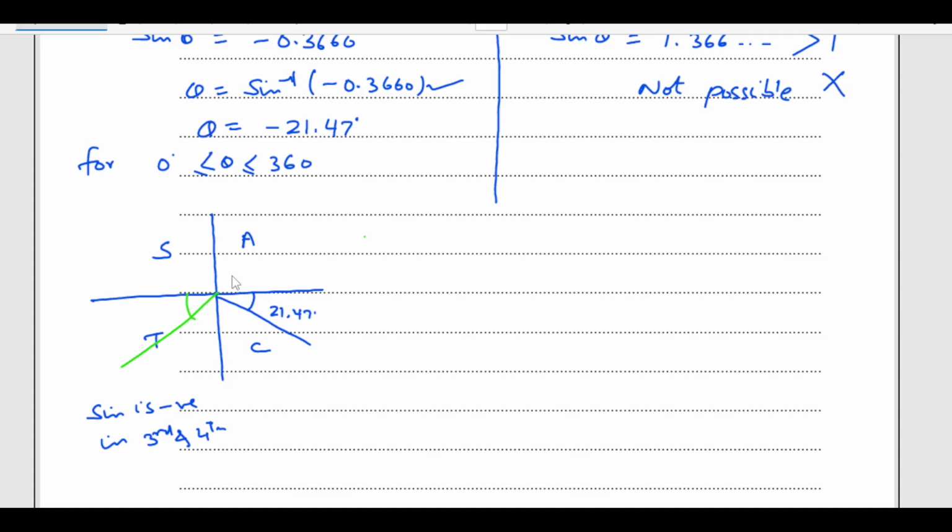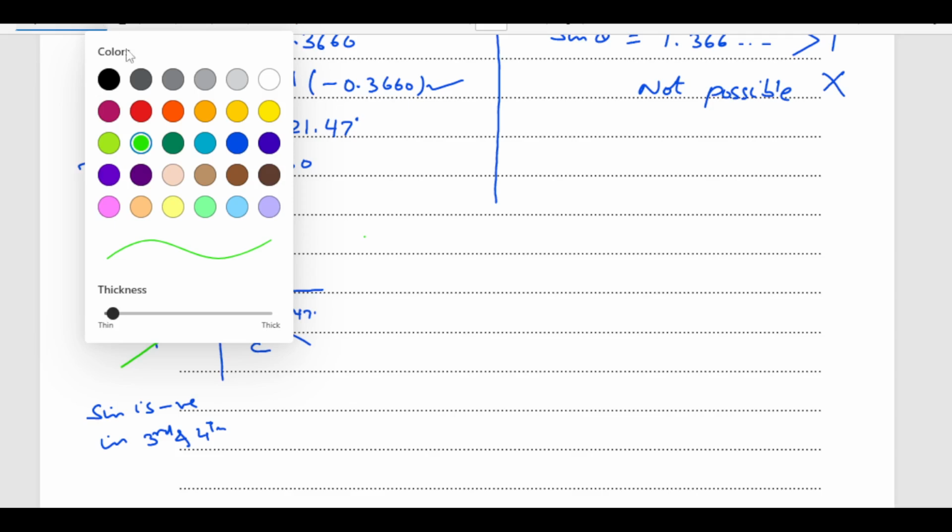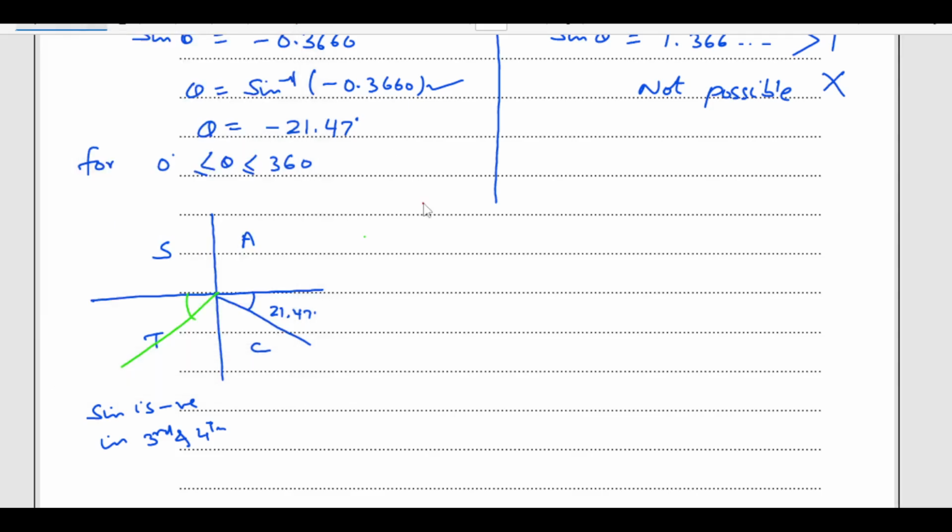So there are two angles now. One we can say theta 1, which we are going to take from here to here. This is going to be 360 minus 21.47. This comes out to be 201.47, and it will be 201.5, right?